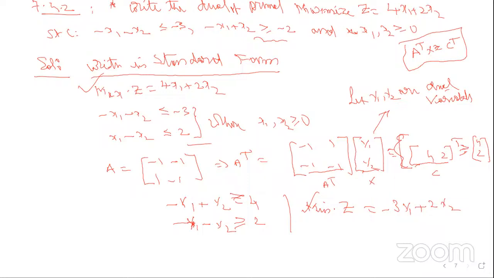This chapter is over. So tomorrow we'll have unit 8, relationship between primal and dual LPP. Have you got it?